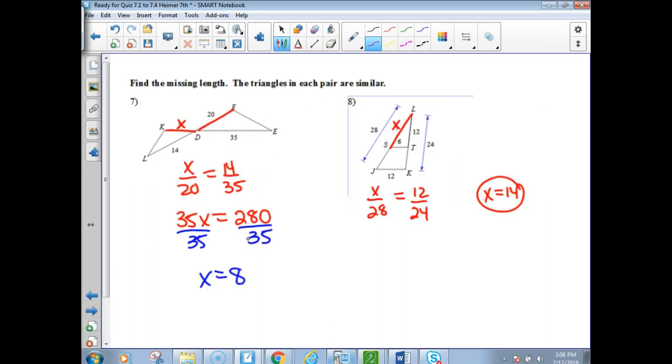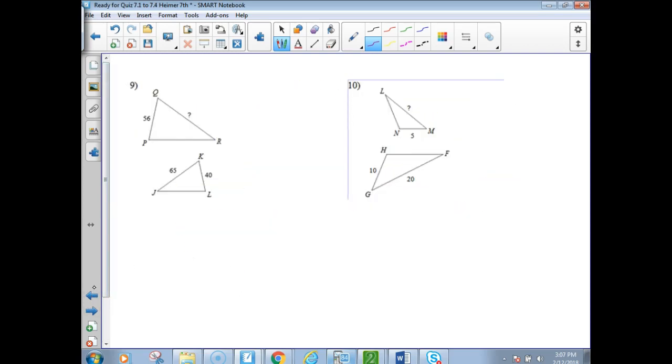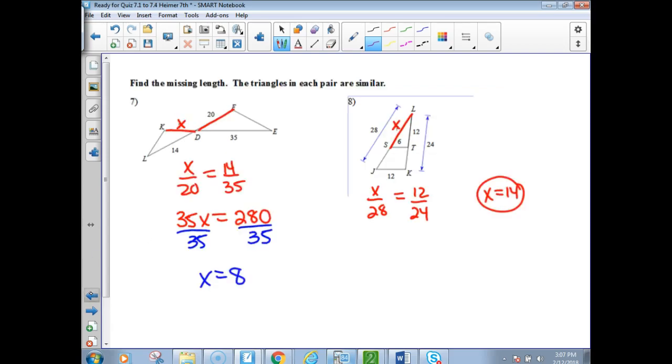All right. We already went over 7 and 8, didn't we? I don't know how we picked and chose that day, but x is to 20 as 14 is to 35 for 7. All right, so since we did 7 and 8, let's jump to 9. Put an X on 9. Now, I want help setting this up, please. We did 7 and 8 the other day.